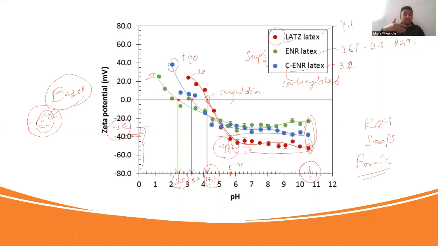If I further add acids slowly, all the latex particles will coagulate at this point, and beyond that it is a solid material, a coagulated rubber lump, solid rubber.